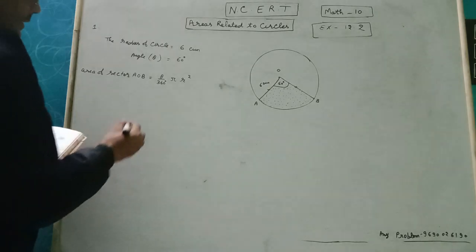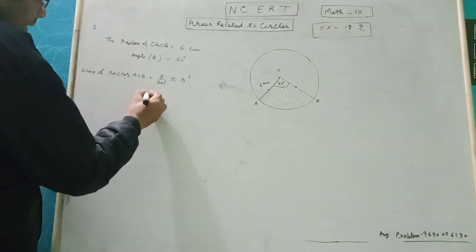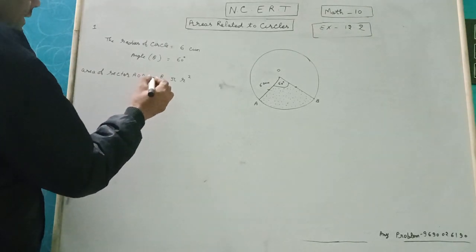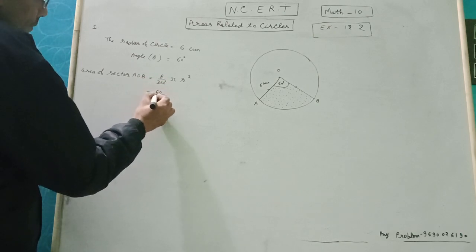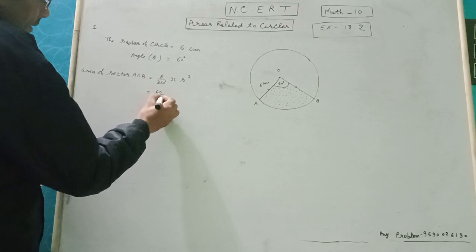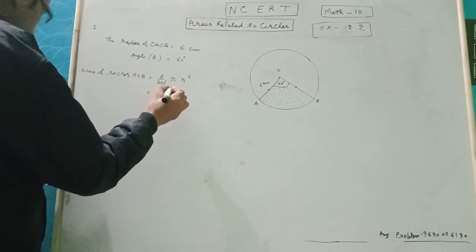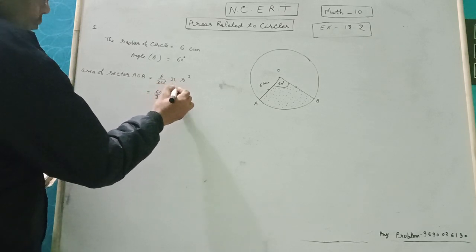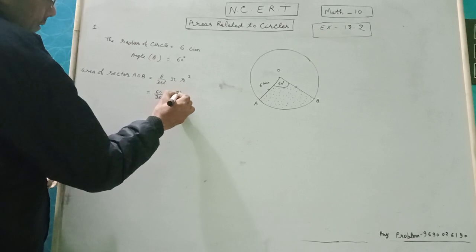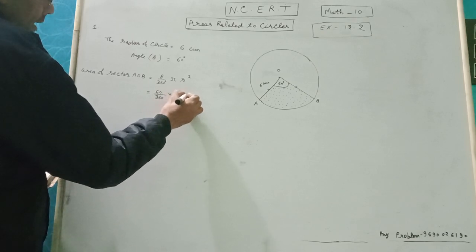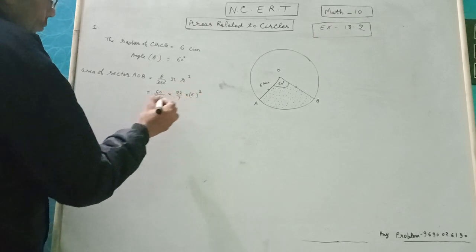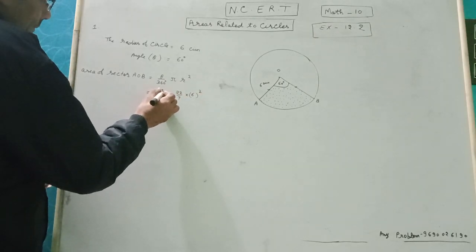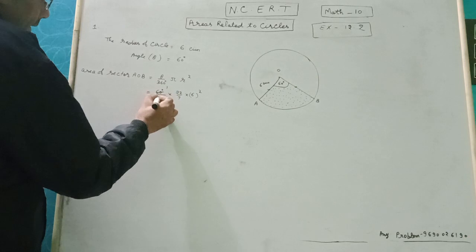To find the area of the sector, the theta value is 60 degrees upon 360, the pi value is 22 upon 7, the r value is 6 squared.